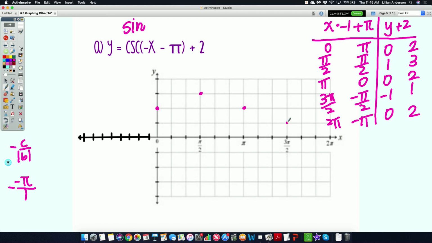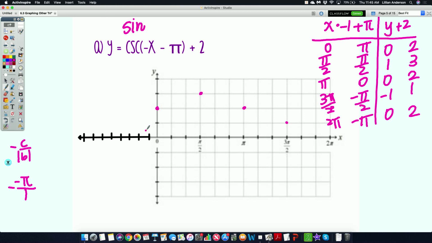If you have a point at 0, a point at pi over 2, and a point at pi, these are equally spaced out in increments of pi over 2. So the next one would be at 3 pi over 2, and it would be at 1. And if you think of what the graph of sine looks like, the next y value should be at 2, and it would be located at 2 pi.